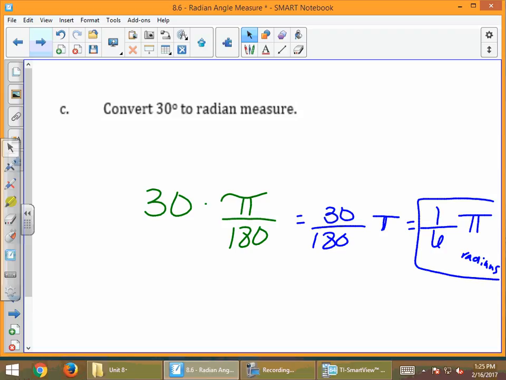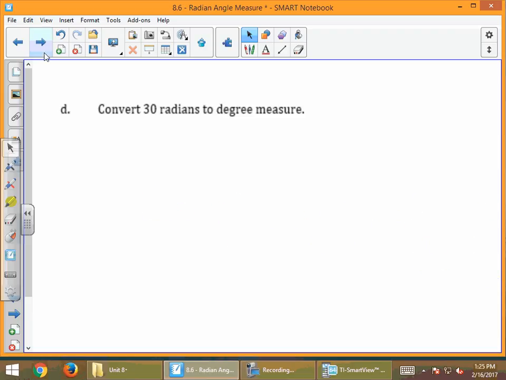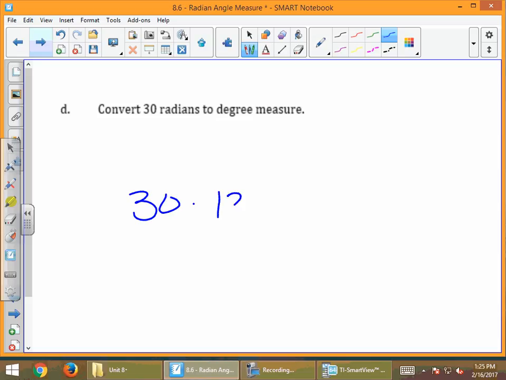One more. We're going to see how many degrees is 30 radians. Well, if we want degrees, so we're going backwards, what do we multiply by? 180 over pi.